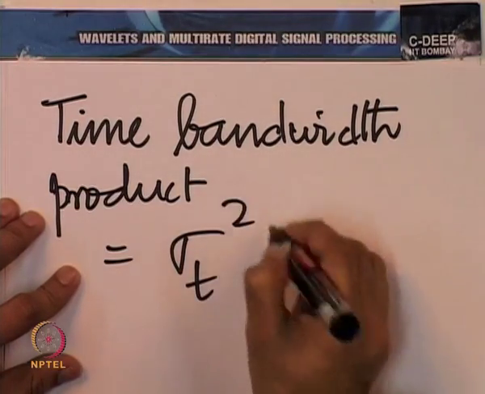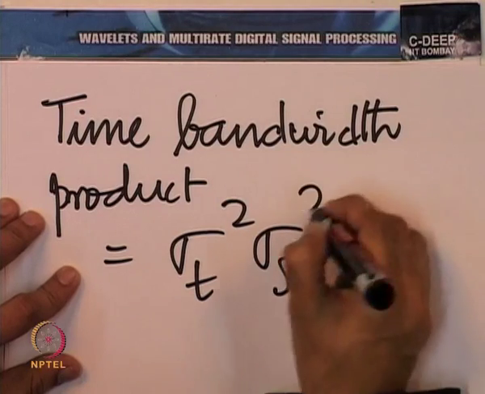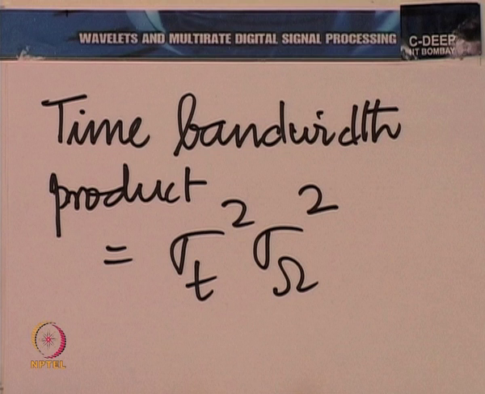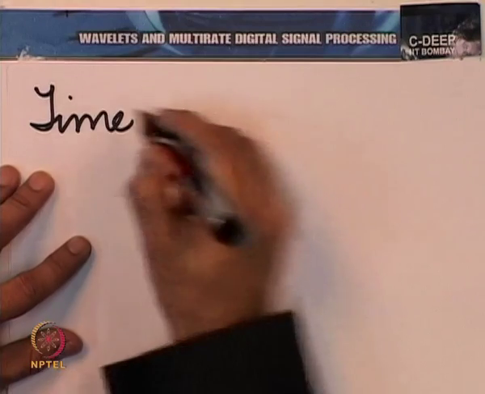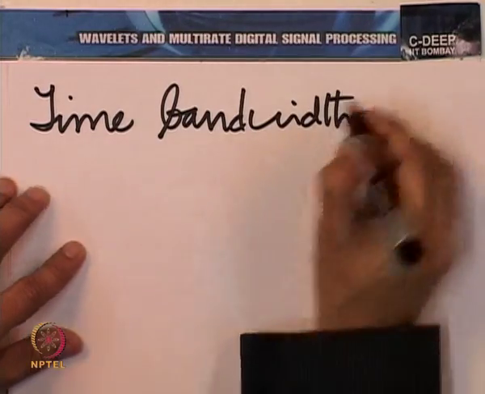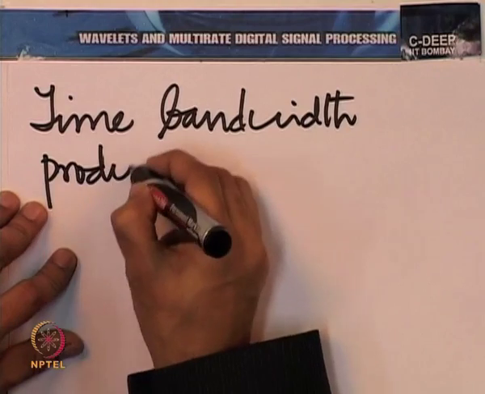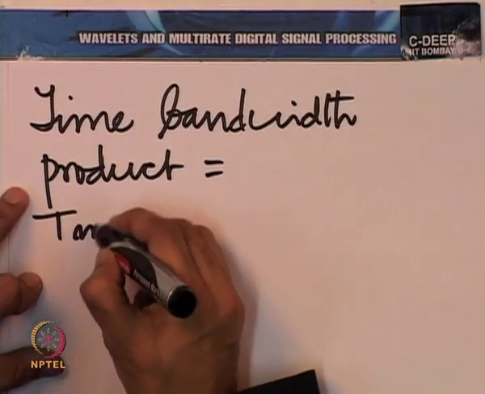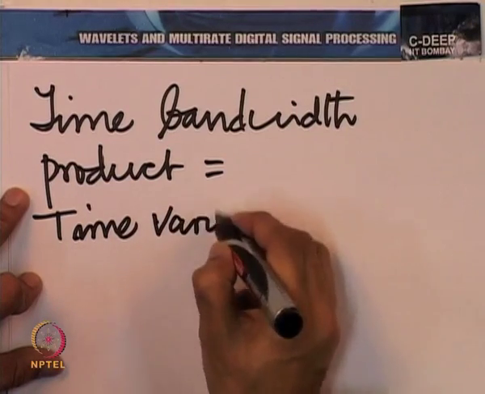Given by the product sigma t squared times sigma omega squared. Essentially, the time bandwidth product is the product of the time variance and the frequency variance.